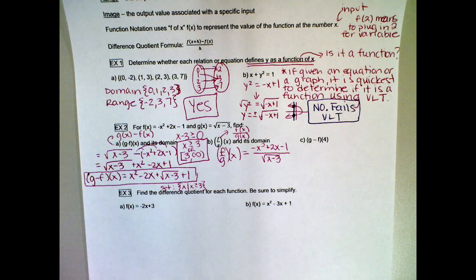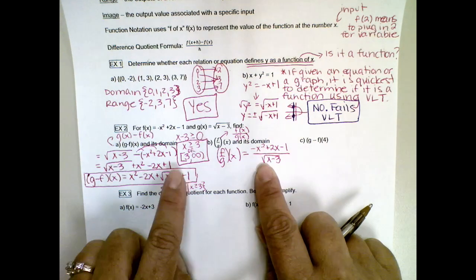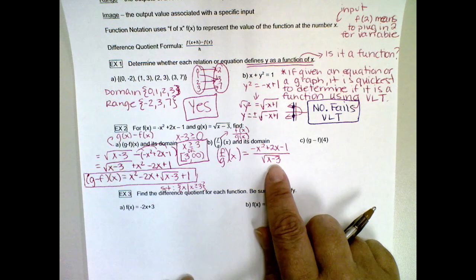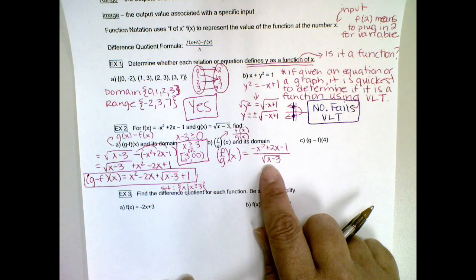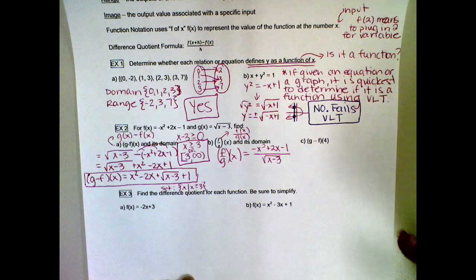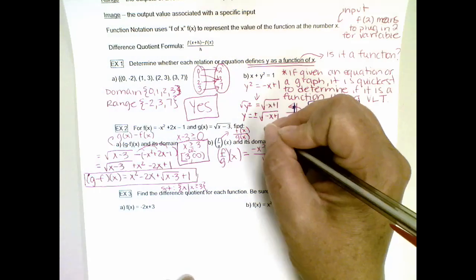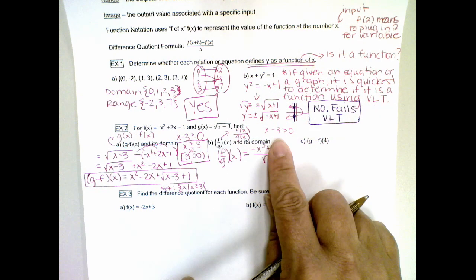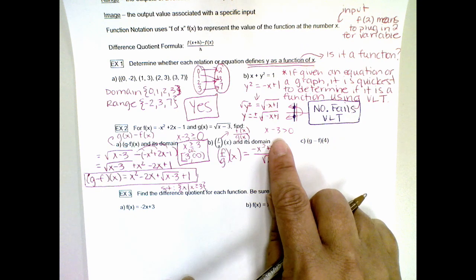For the domain, I have the same thing as I did over here in that I know I can't have a negative under this radical, but because this is in the denominator of a fraction, that means that this also can't be 0. So instead of x minus 3 greater than or equal to 0, there's this tiny variation where it's just strictly greater than.